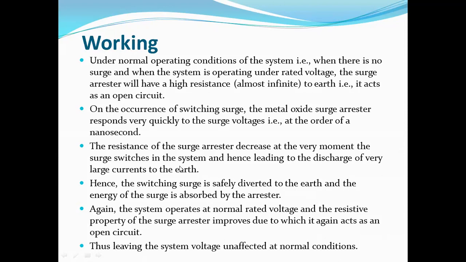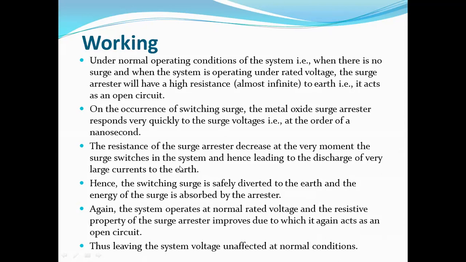Okay, this is also a surge absorber, but it is a metal oxide or zinc oxide surge arrestor. Again, the system operates at normal rated voltage, and the resistive property of the surge arrestor improves, due to which it again acts as an open circuit.